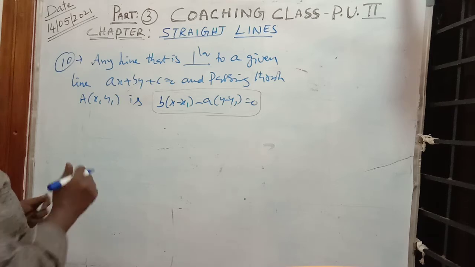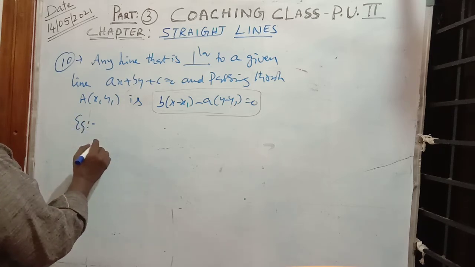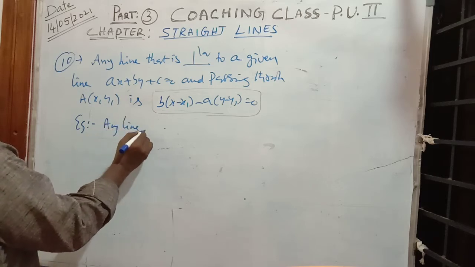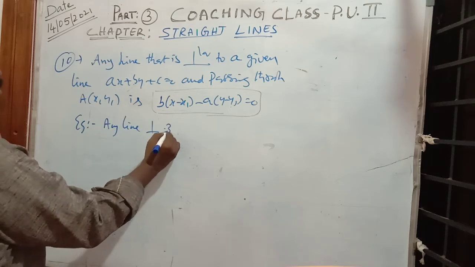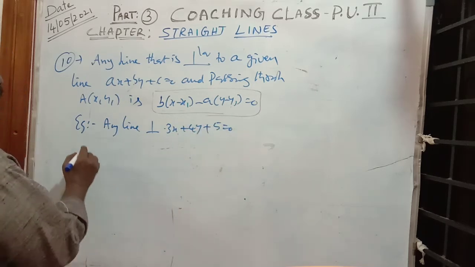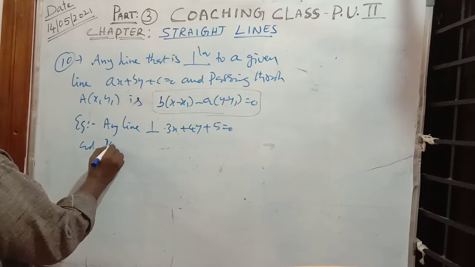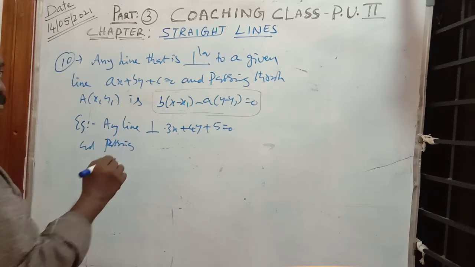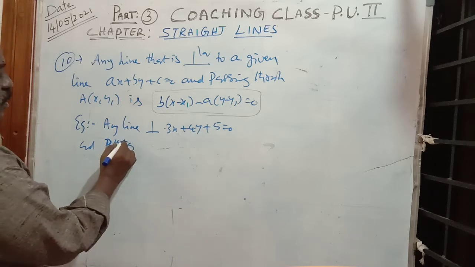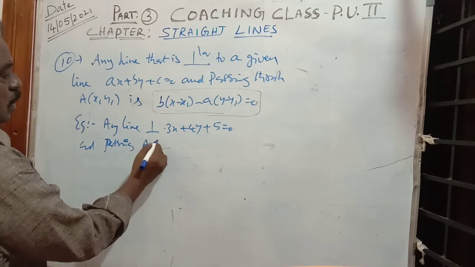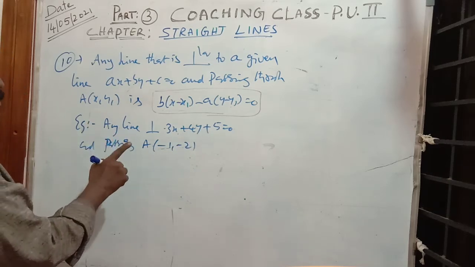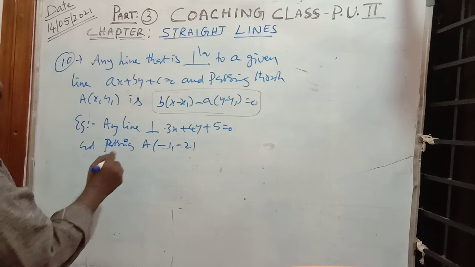So for example, any line is perpendicular to 3x plus 4y plus 5 is equal to 0 and passing through, just assuming, minus 1 comma minus 2. It is perpendicular to this line and passing through this point.